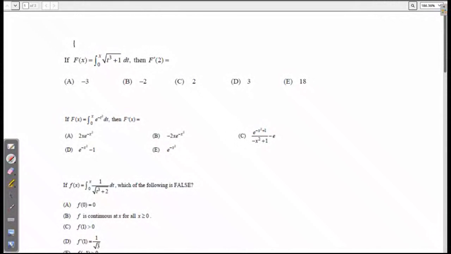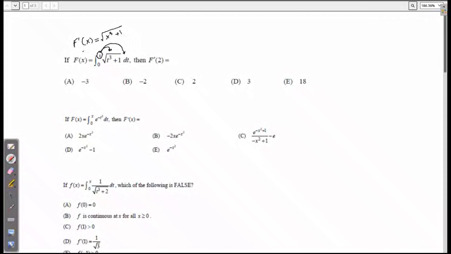Keep in mind that F prime of x would just be taking this x and substituting it in for t cubed, and of course also substituting its derivative in here. So this just ends up being root x cubed plus 1.